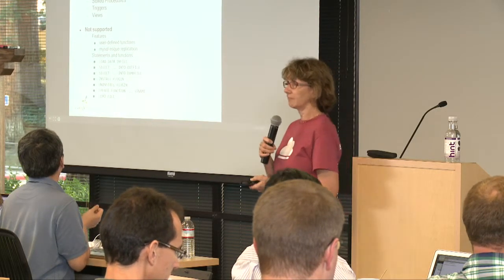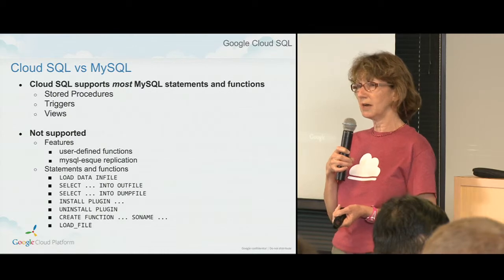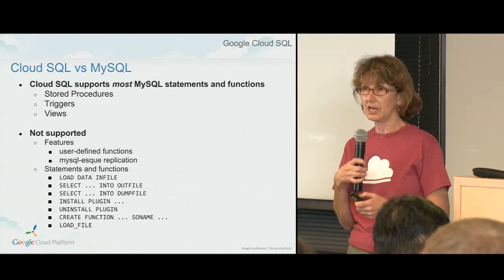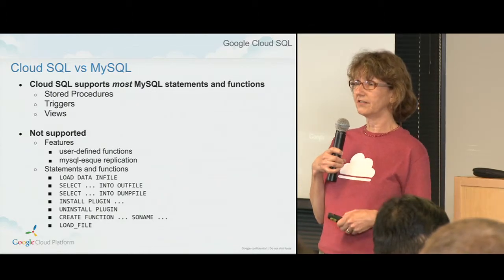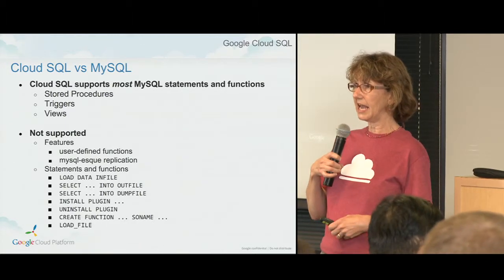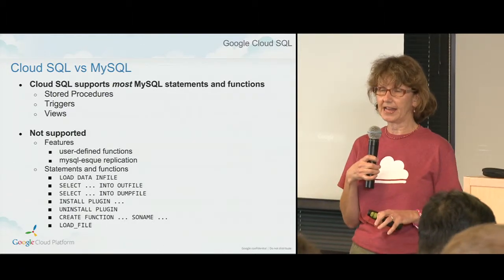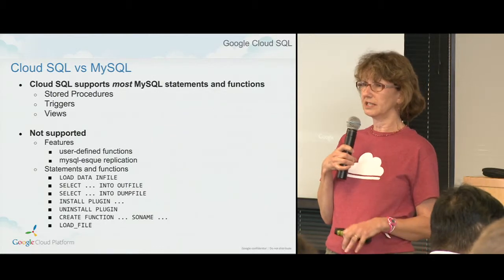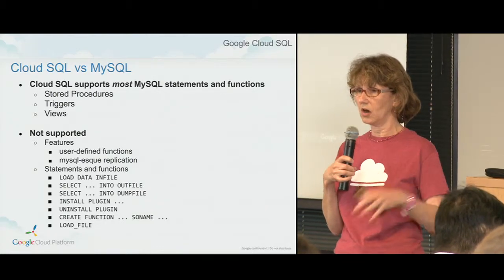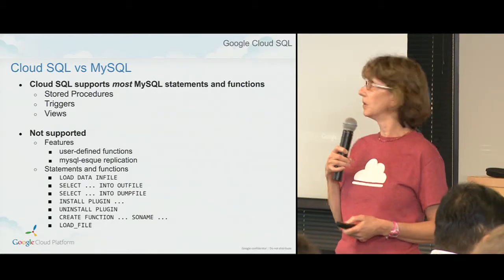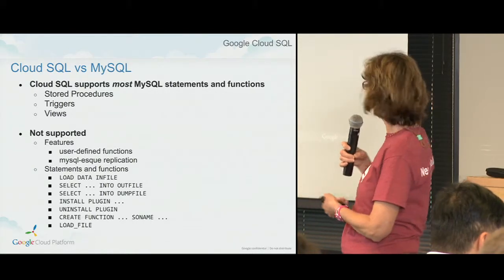So, I just said that if you know MySQL, you know how to use Cloud SQL. That's true, but there are some slight differences, and the differences again are basically to do with the fact that your Google Cloud SQL instance is running in our data centers and not on your local stations. And you don't need the replication.